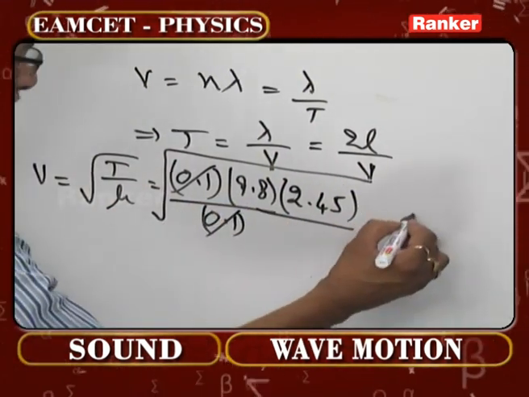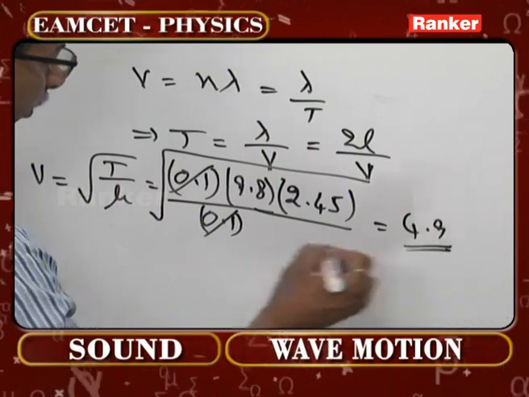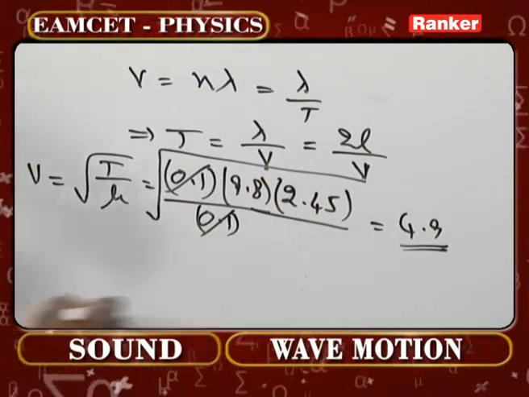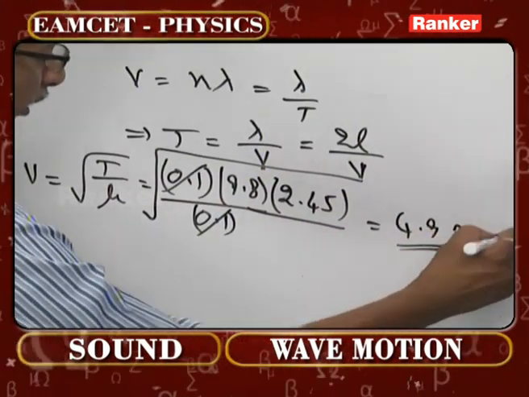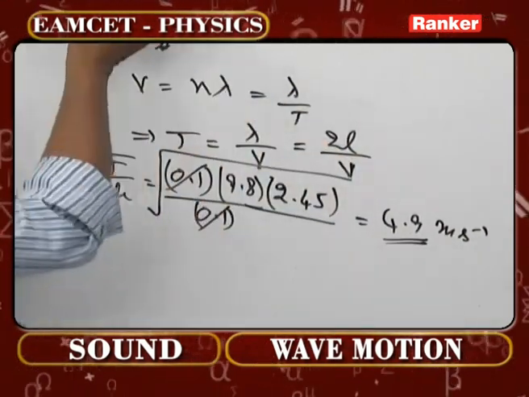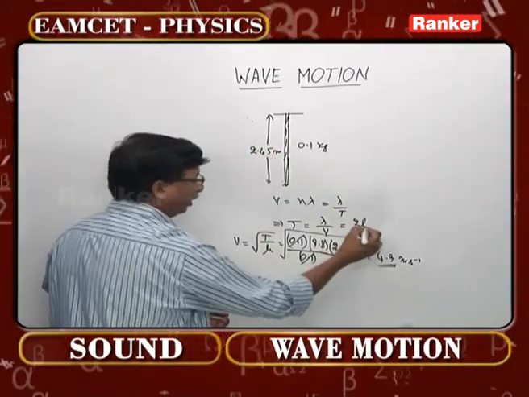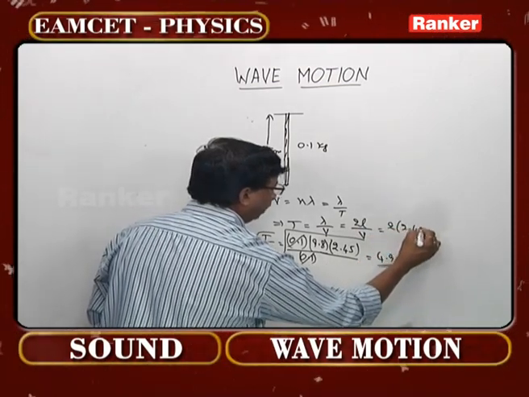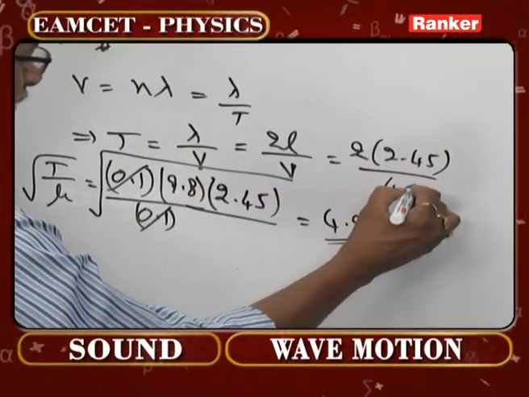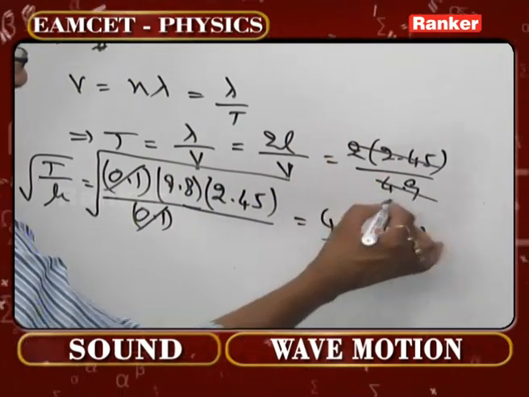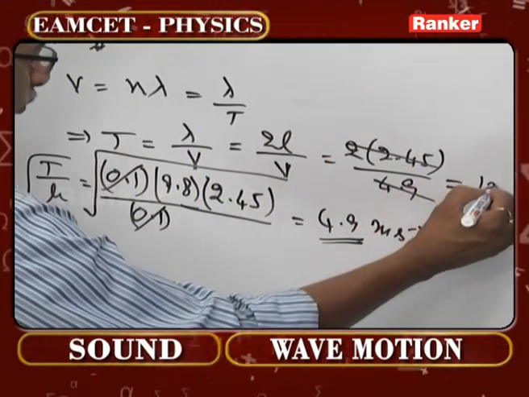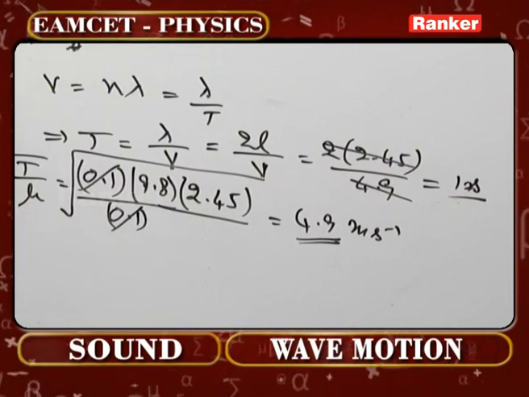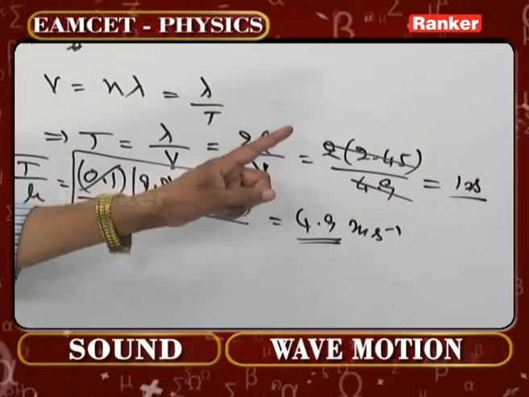What will be this value now exactly? 4.9 you will be getting. Meter per second. Now what is the length given? You see 2.45, then twice 2.45 divided by velocity 4.9. This is 4.9, this also is 4.9. What will be the value ultimately you are getting? 1 second you will be getting.